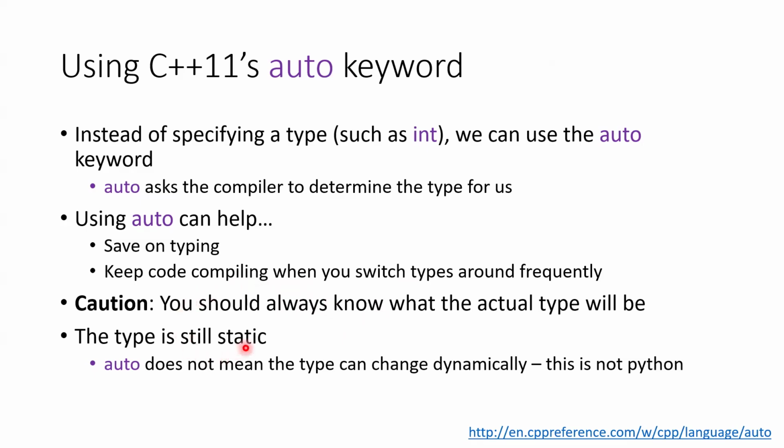And the type is still static. So for example, if you're doing auto a equals 2, and you assume that a is a number, and later on you forgot that it's actually an integer, and you do something like a double operation, it won't work. Because auto doesn't change with time. When it's first assigned a value, it's fixed.